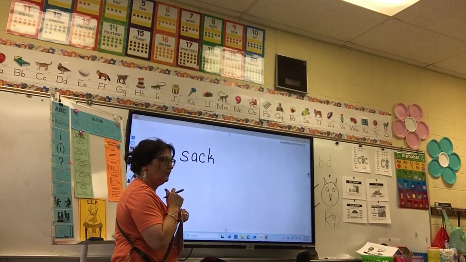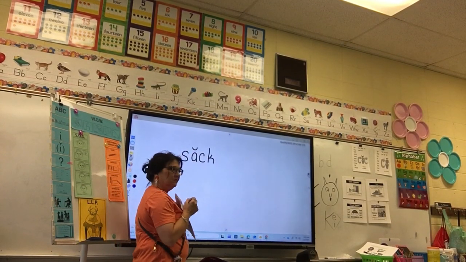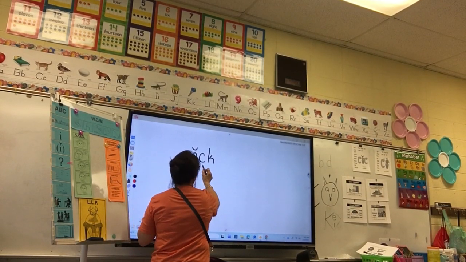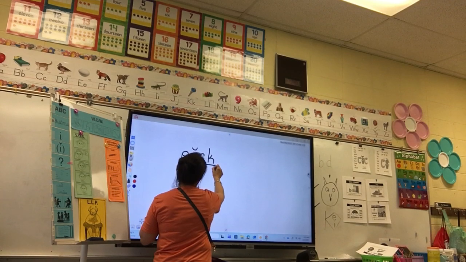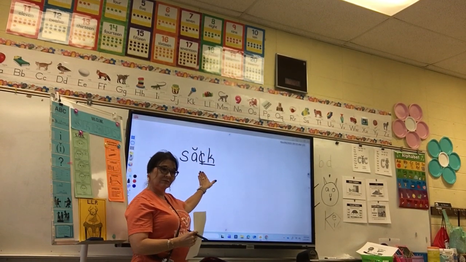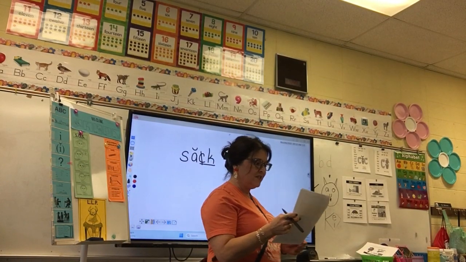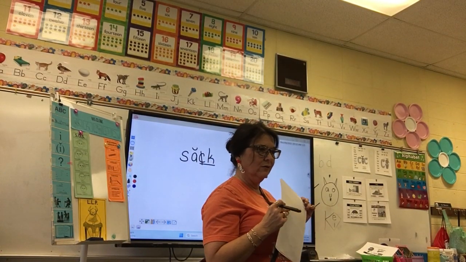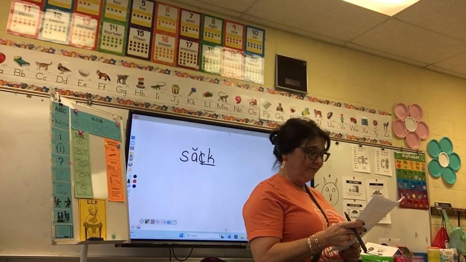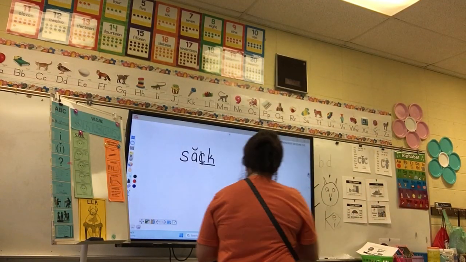You need to put a breve above the A. Okay, a breve above the A. And then you put a line under the CK and then you cross out the C. Good job. So what is this word? Sack. Good. Okay, I would love a sack of boiled peanuts right now. Yum. You got some? Okay.